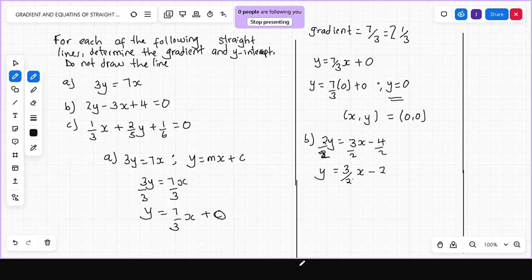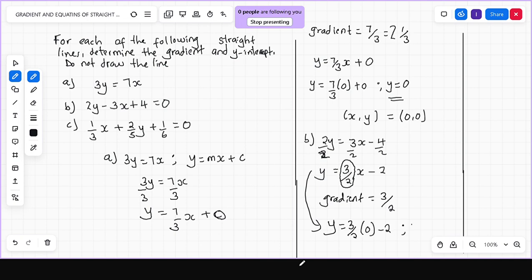So the gradient of this line is the coefficient of x. So the gradient is equal to 3 over 2. But now, for the y-intercept, the value of x is equal to 0. So we substitute x with 0 in the equation. This becomes y equals 3 over 2 into bracket 0 minus 2.